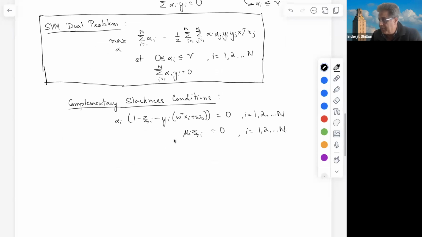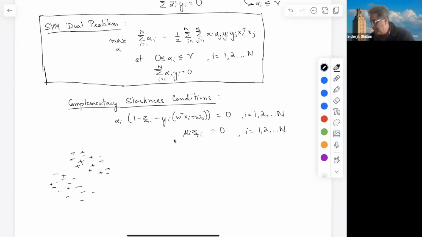So let's actually look at the picture. We have one class, we have another class, and remember it's not linearly separable. So we have some pluses on this side and some minuses on the other side.